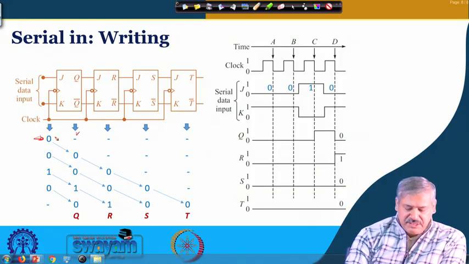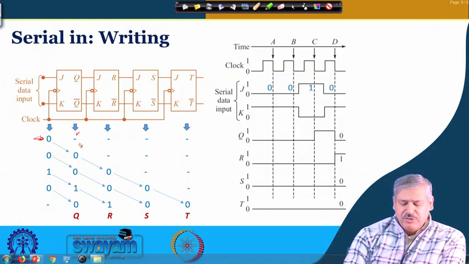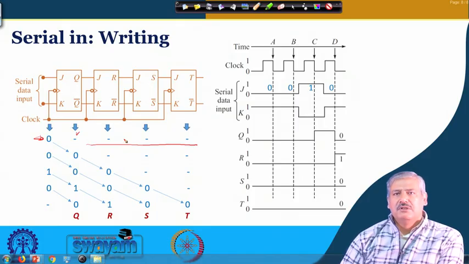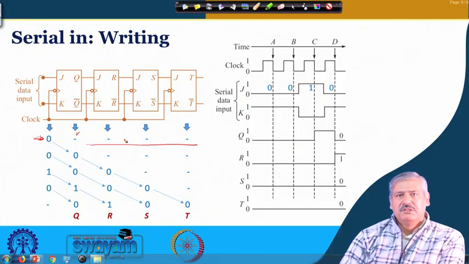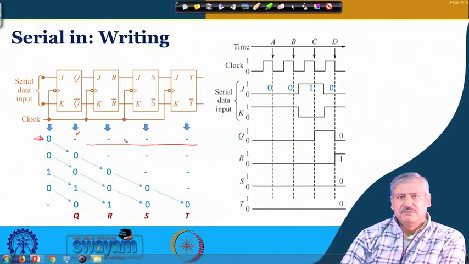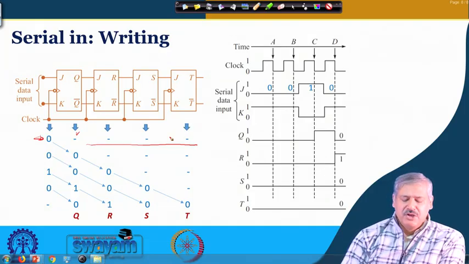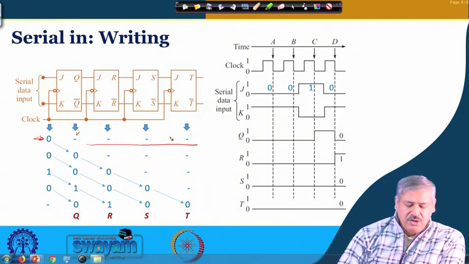So, Q acquires this value 0. So, that is how the arrow has been shown. Is it fine? And there could be some value present earlier in these flip flops. So, you do not need to bother about that, because we are talking about writing 4-bit data into this 4-bit shift register through serial input. Okay. This is what we want to consider. Otherwise, it could be 0 or 1 depending on whatever is there. Okay. So, when you complete the writing operation, that data is lost, of course, right.